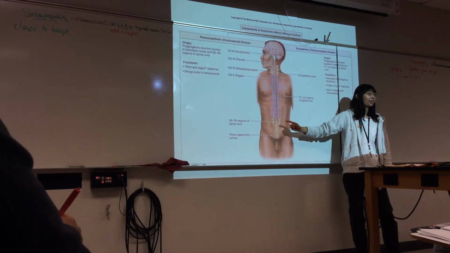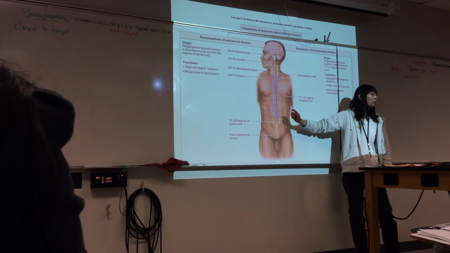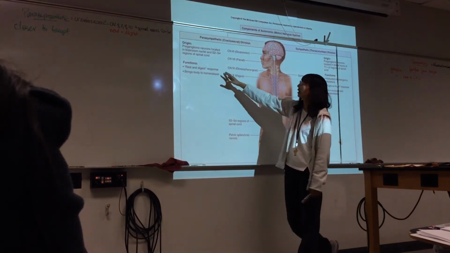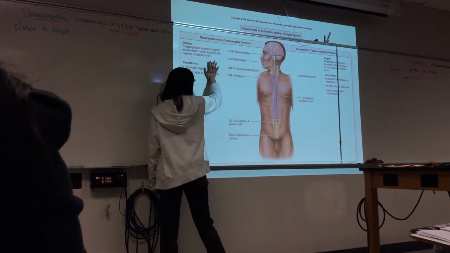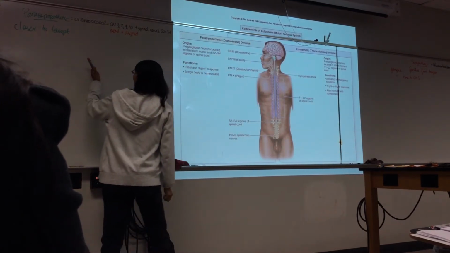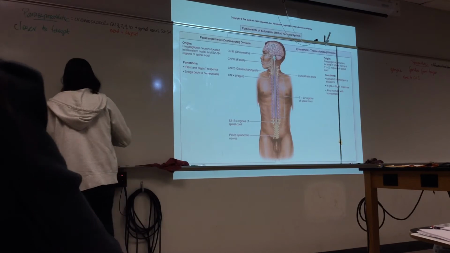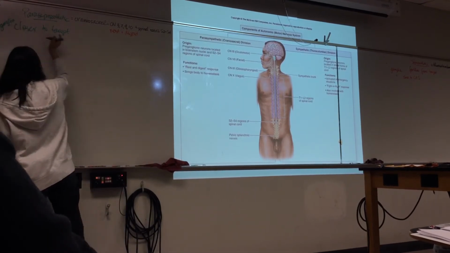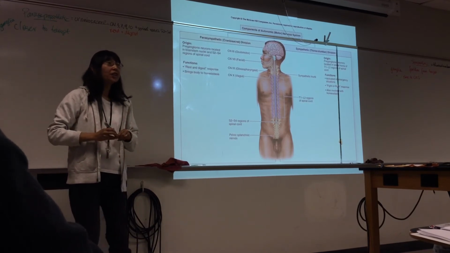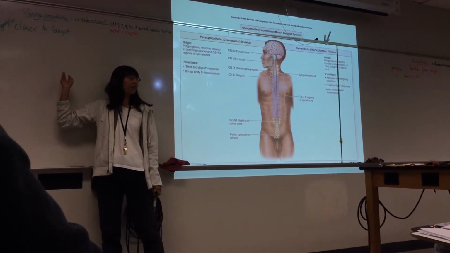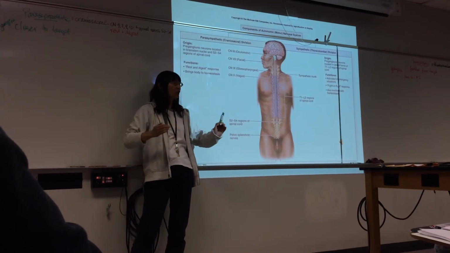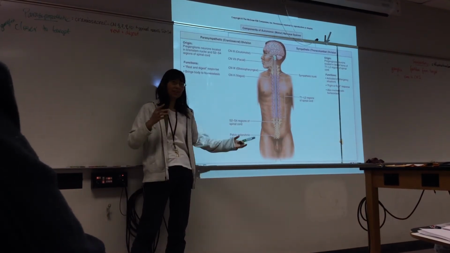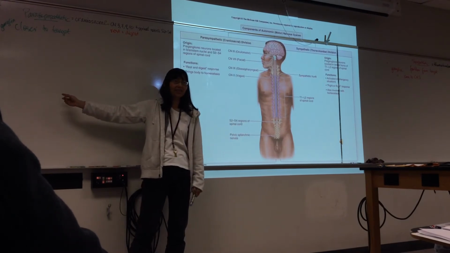Pre. Short, and the post would be long. Whereas over here on the parasympathetic side, the ganglia are closer to the target, so it's the opposite, right? The pre on this side would be long, and the post would be short. Does that make sense? You guys understand?